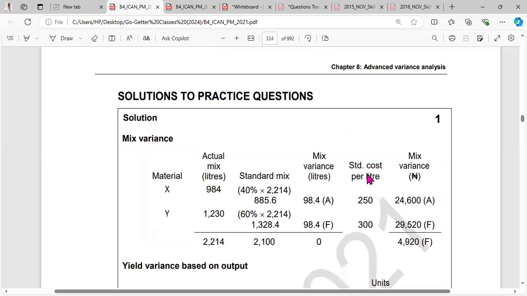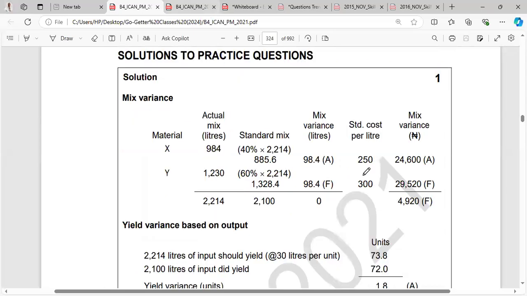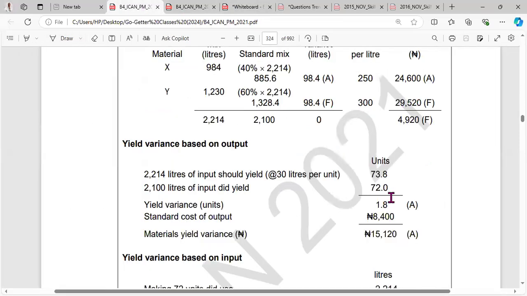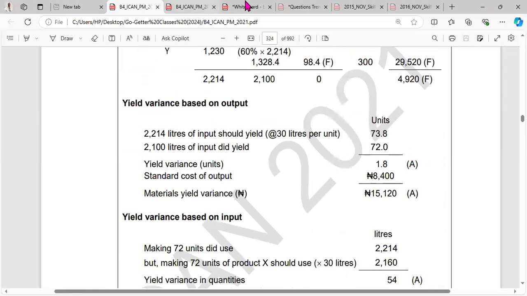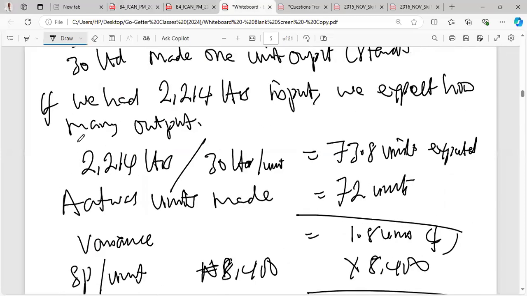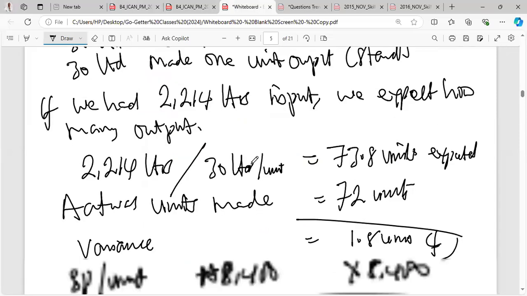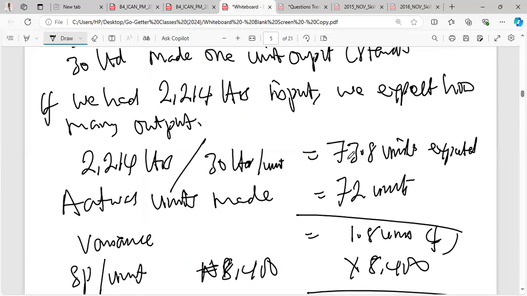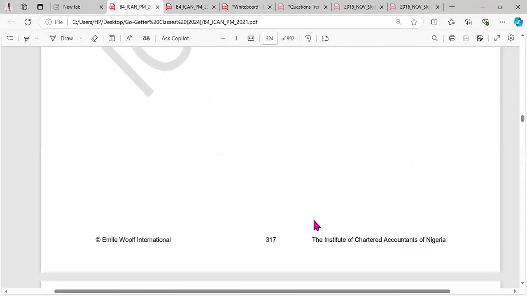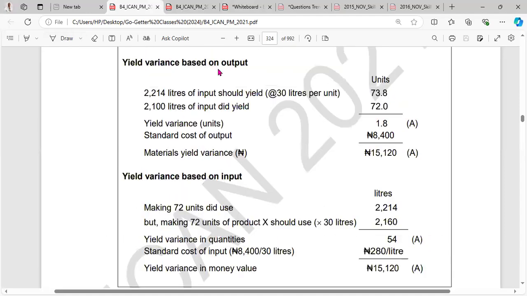Okay, so we have 4,920 as before, 4,920 favorable, and we have 15,000. Oh, it's adverse. How did I get favorable? Let's see how they got their adverse. It's still the same way now. They use the input method, I use the output method. We should have gotten the same thing.